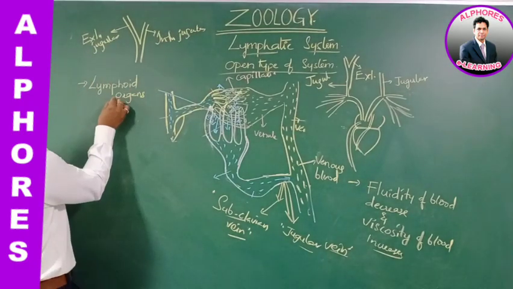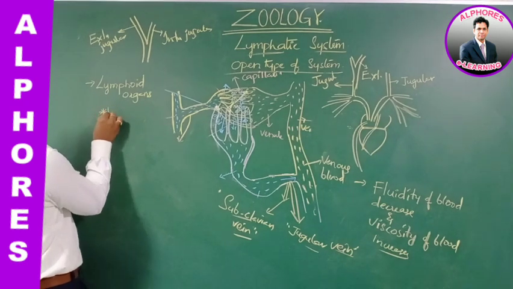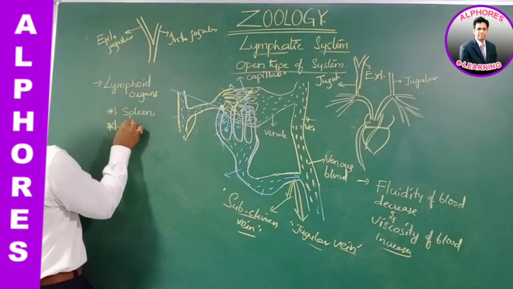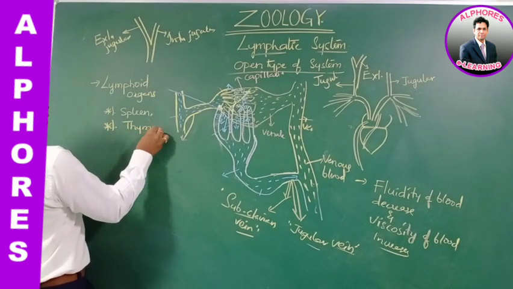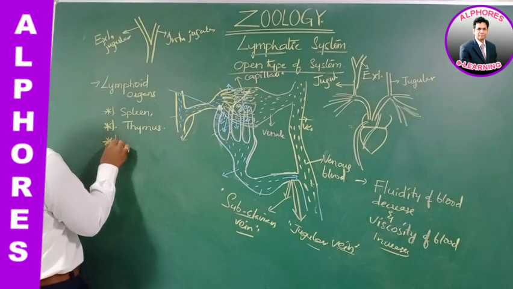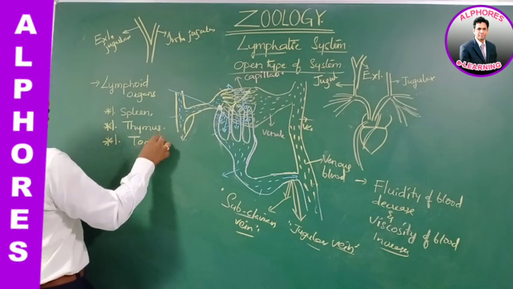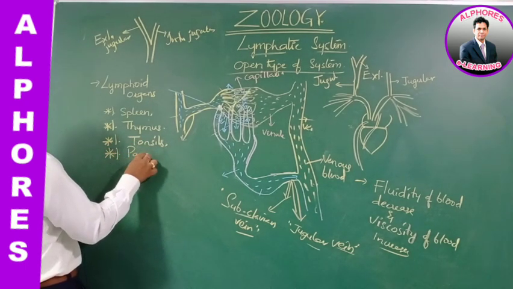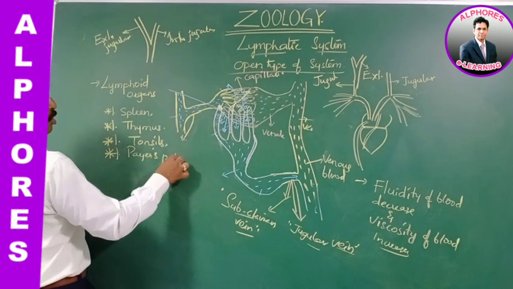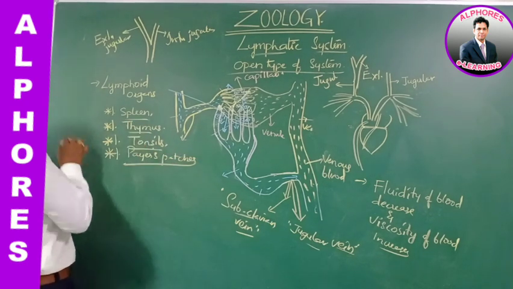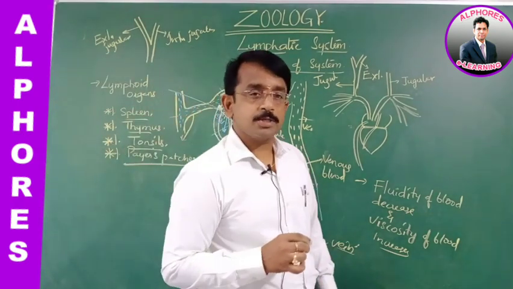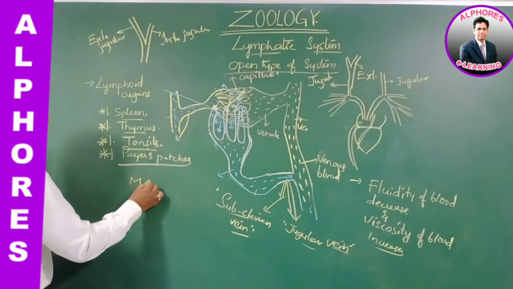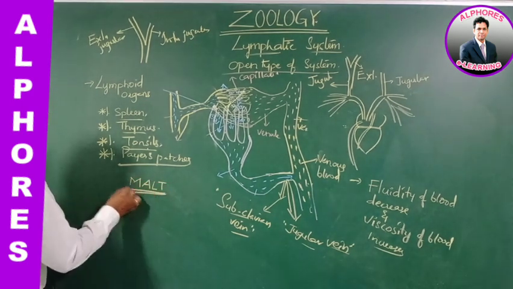The primary and secondary lymphoid organs are the spleen, thymus, and the tonsils, and recall your memory, Peyer's patches. These are all said to be the lymphoid organs. And MALT, also, we see, mucosa associated lymphoid tissues.